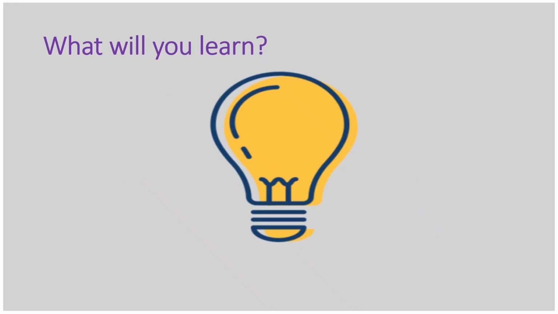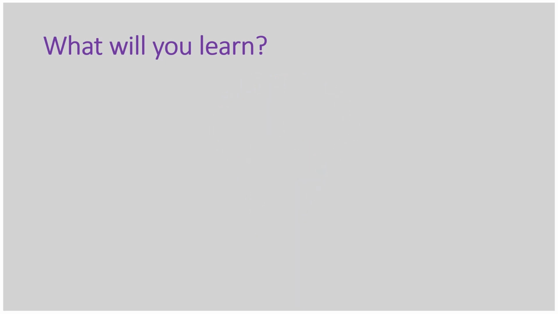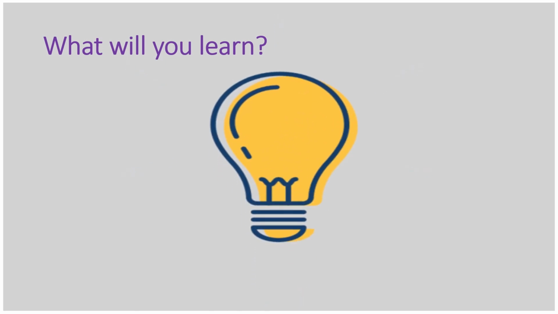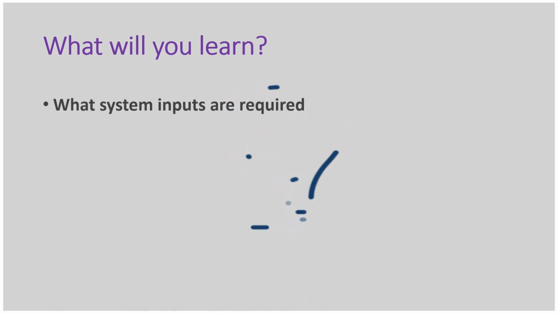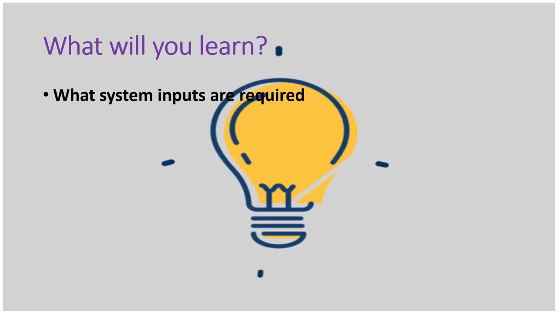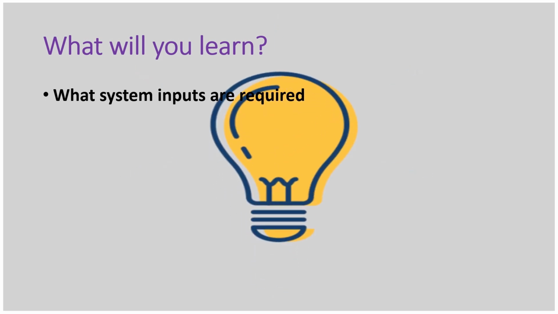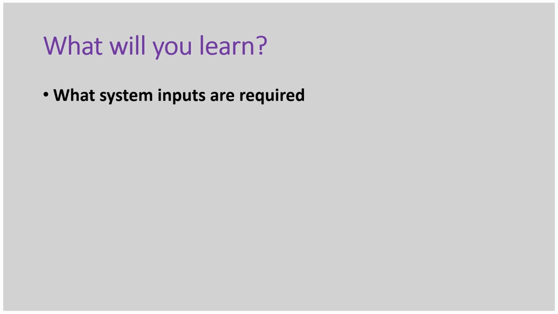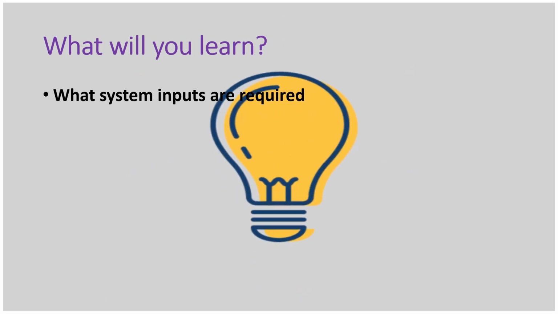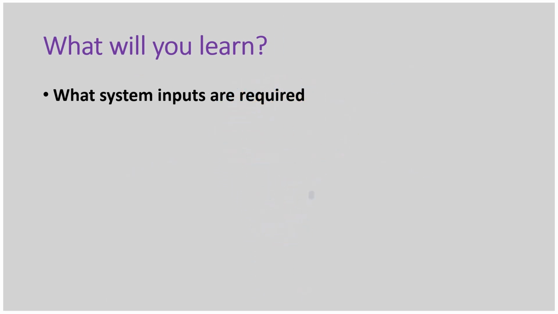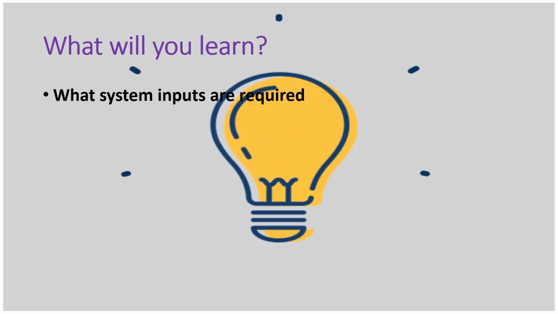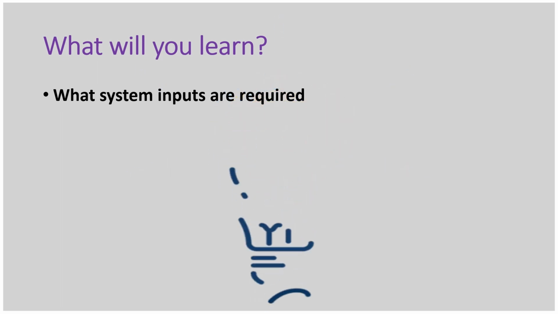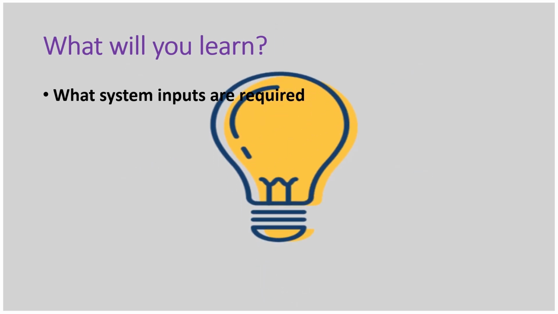Before going into details, you should know what you will learn out of this video. The very first thing is what system inputs are required. Whenever you design some kind of product or mechanism, it is very important that you know what inputs are required for the designing. Let's say you want to design a system in which you have to push a 10 kg load.